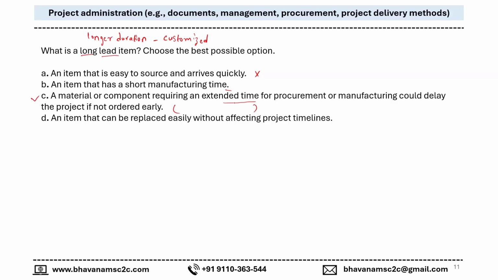He didn't expect the war in between, and now we are stuck in the project for that particular equipment. We ordered that product at the start of the project a year back, but still we didn't get that item. Since the special equipment is not available here, we are getting it from another place, and it is considered a long lead item.